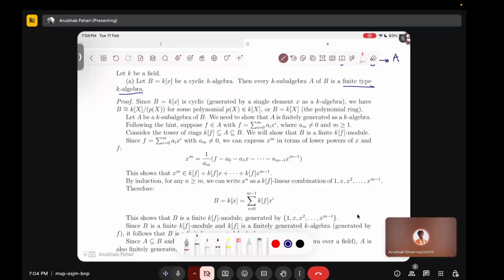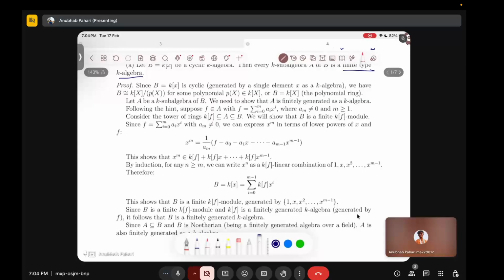Now consider the tower of rings K[f], coming from A, and that coming from B. We'll show that B is a finite K[f]-module. Since f equals summation of a_i x^i with a_m not equal to 0, we can express x^m in terms of lower powers of x and f.